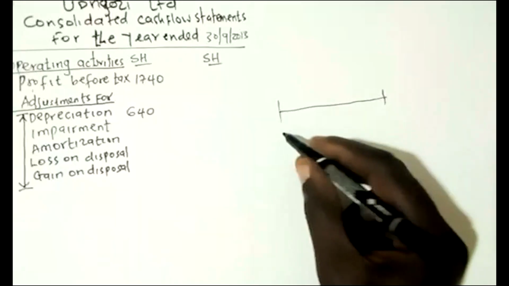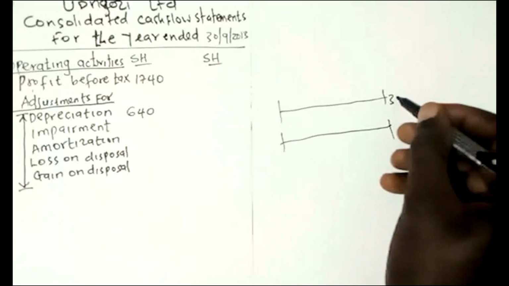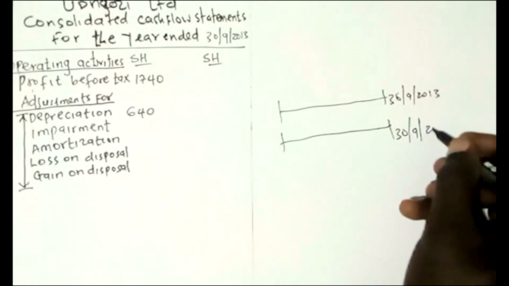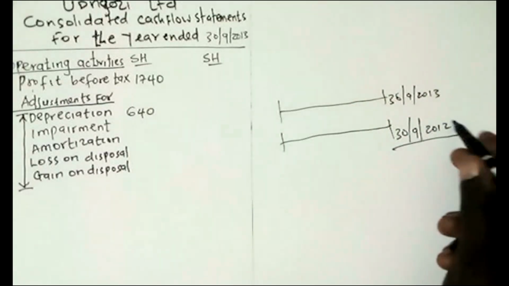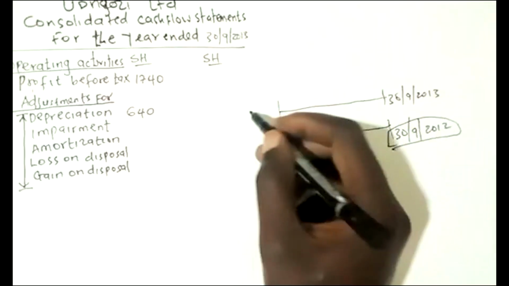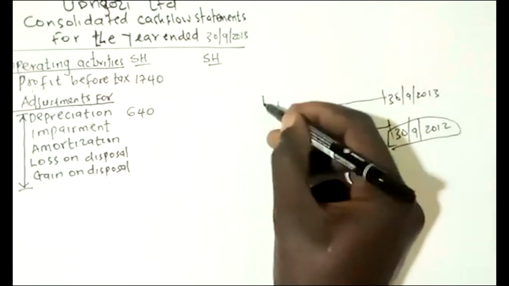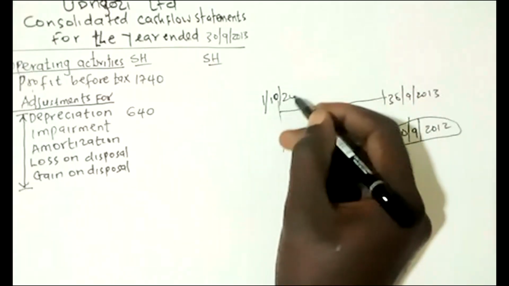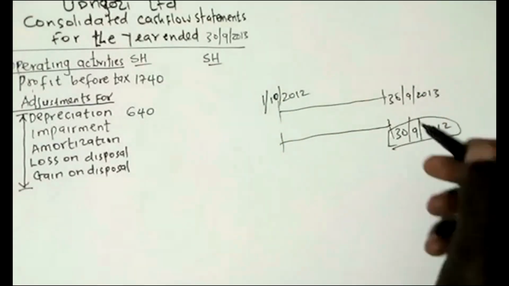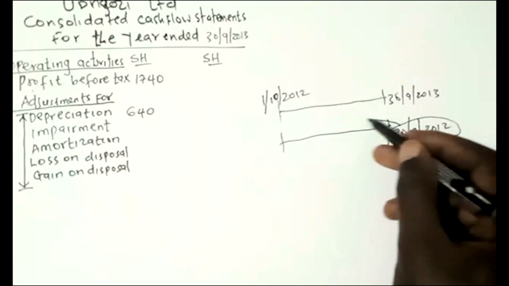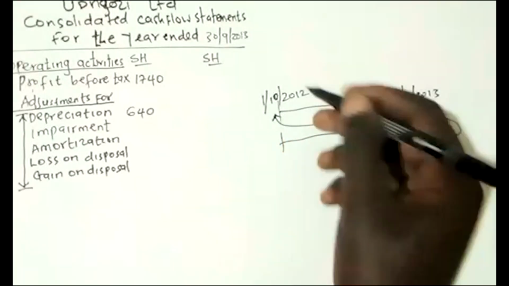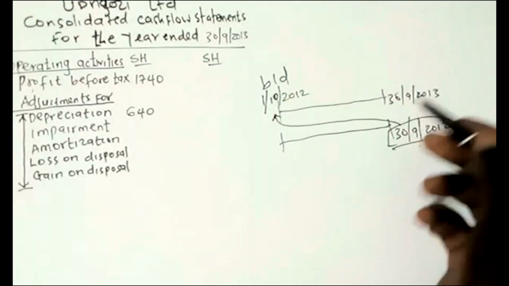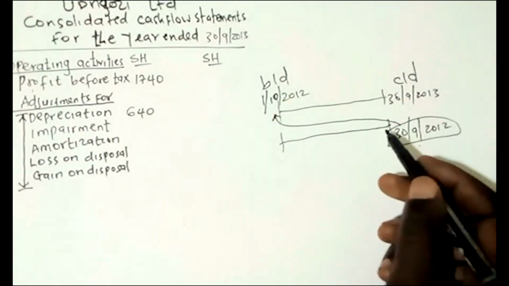The balances for 2012 will be my opening here, because this year will be starting on 1st October 2012. So the balances at the end of the previous year are the balance brought down, and the ones at the end of this year are the balances carried down.